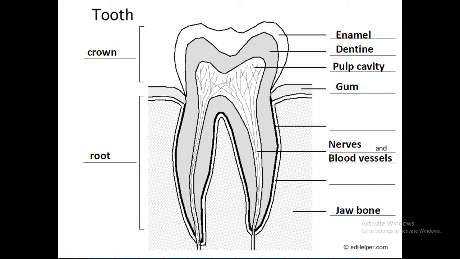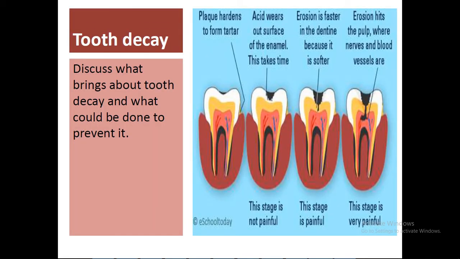Now next, tooth decay. I am giving you a brief discussion of tooth decay, and you have to discuss this with your teacher in detail. Here are four images, and you will see white plaque hardening to form tartar.